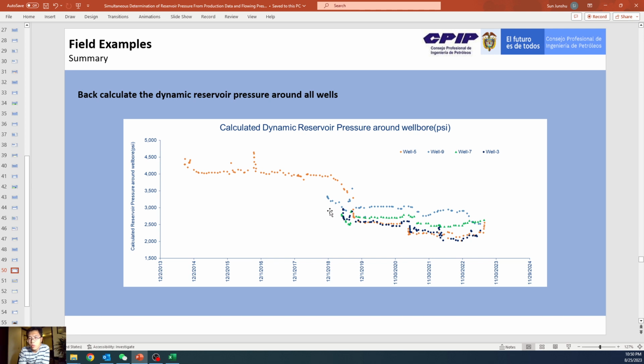When other wells come, it drops dramatically because of the drawdown. Then we can see these three wells. This is well number 9, number 7, and number 3.